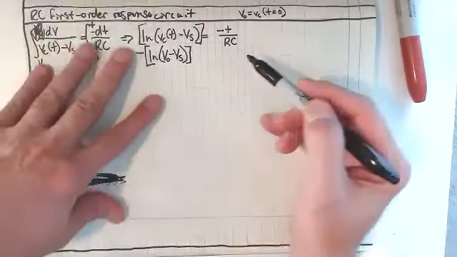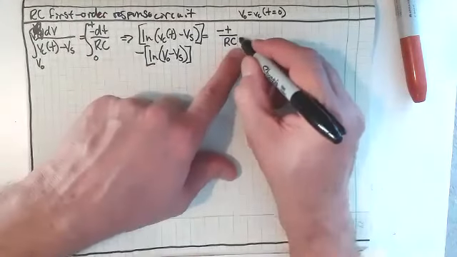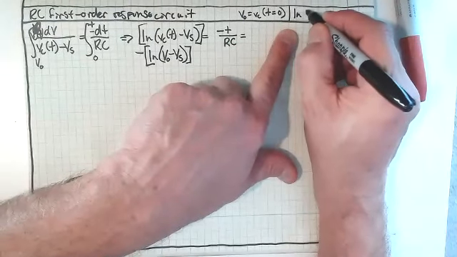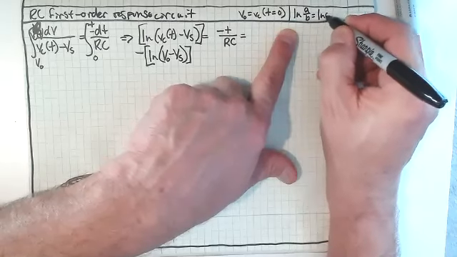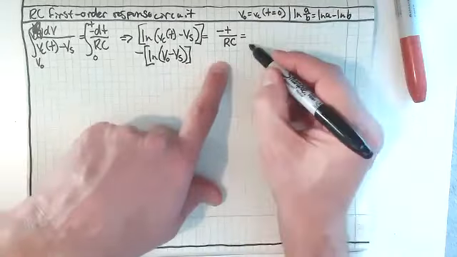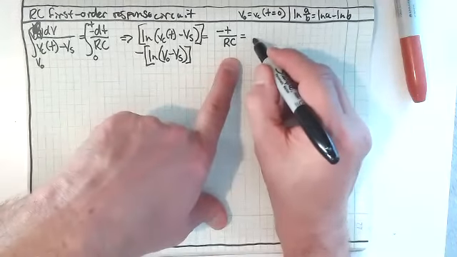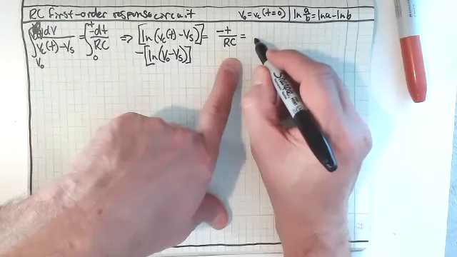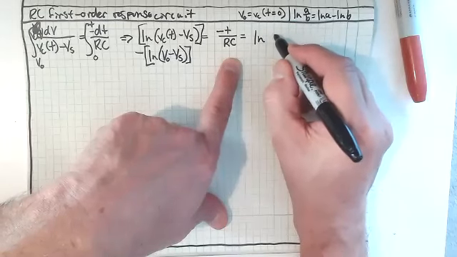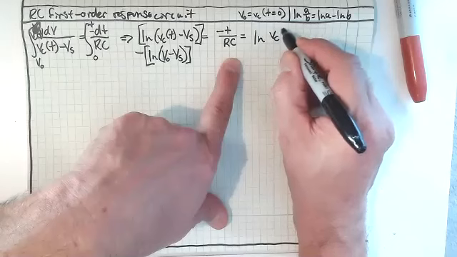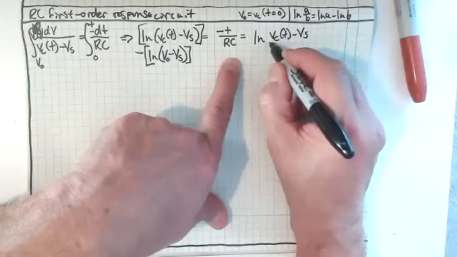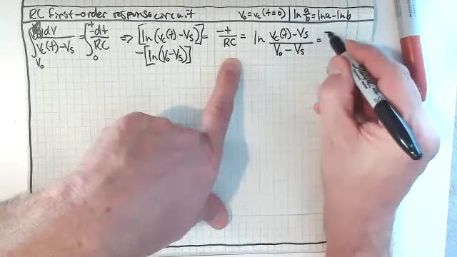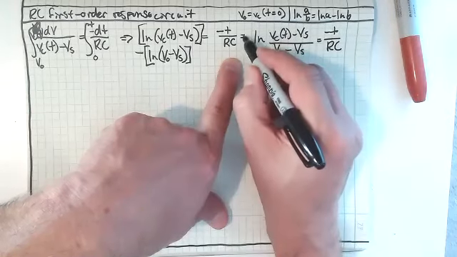Since I've got those as negatives of one another, I can use that identity that I had before, that the natural log of A over B equals the natural log of A minus the natural log of B. This gives me the natural log of V_C of t minus V_S divided by V_0 minus V_S equals minus t over RC.